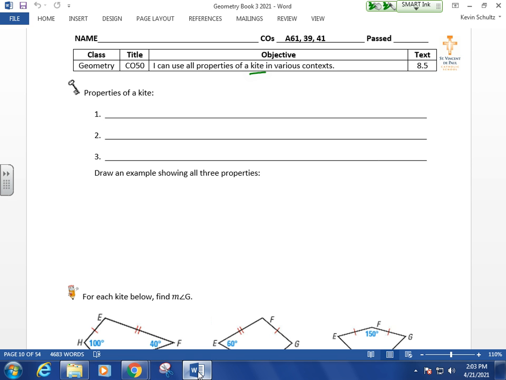They do have congruent sides. They have 1 or 2 pairs of adjacent congruent sides. Other shapes that we've talked about here, we've got rectangles that have opposite congruent sides, rhombuses have opposite congruent sides, and a square.